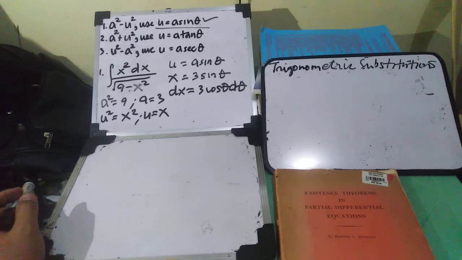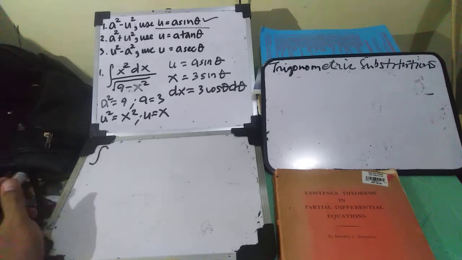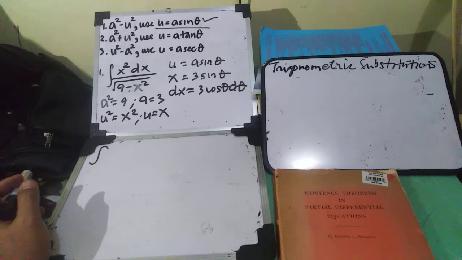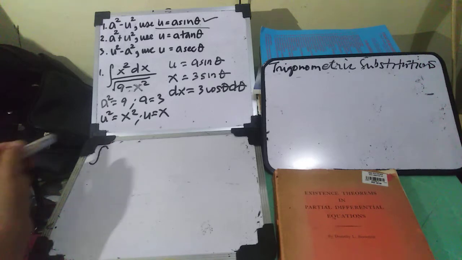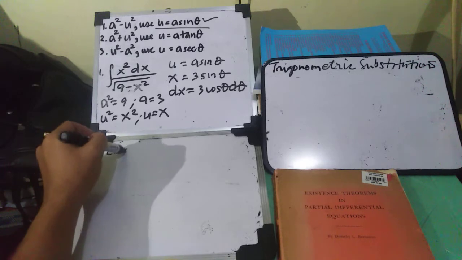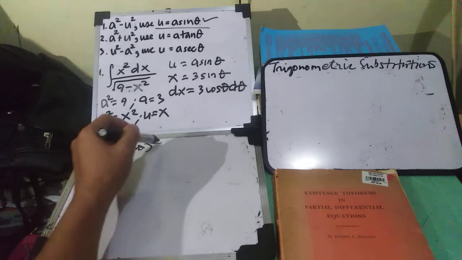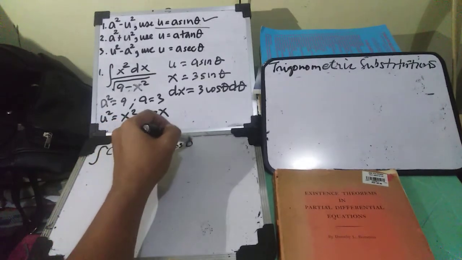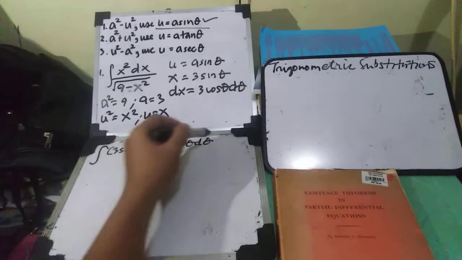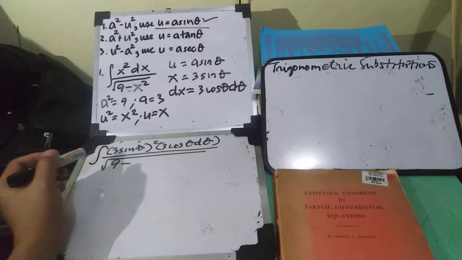So since we already have the values of dx and x, we can now substitute to the given integral. X squared, x is 3 sine theta, so quantity squared, dx is 3 cosine theta d theta, all over the square root of 9 minus x squared.